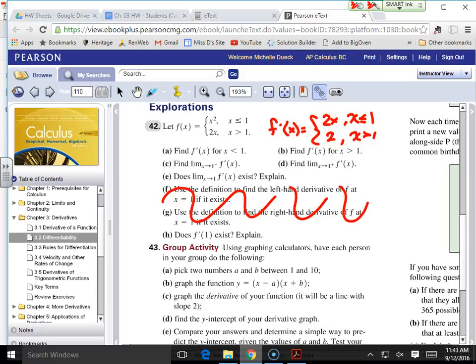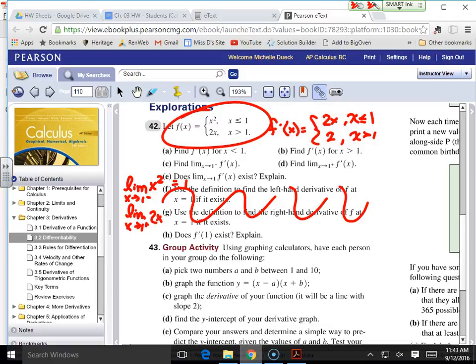That's what I would have had you do. Because the point is you do want to come from the left and the right, but not of the derivative. That's not where the problem lies. The problem lies in the original: the limit as x approaches 1 from below of the function is x squared, which equals 1, and the limit as x approaches 1 from above is 2x, which is 2.